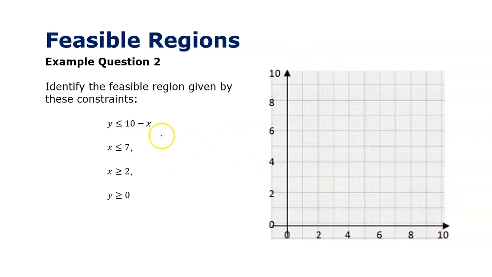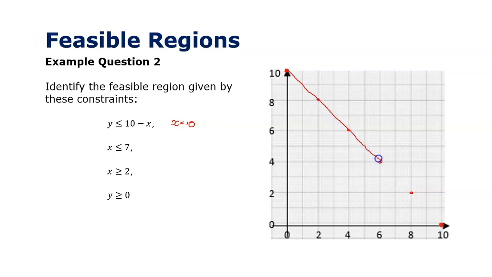Let's do a few of these. y is less than or equal to 10 minus x. Well, that's easy enough. It's y equals mx plus c, and you quickly think to yourself, if x is 10, then y is 0. So that's another one. So that actually goes through this diagonal. These dots are very helpful for me because with my dodgy pen here, I might have a chance of a straight line.